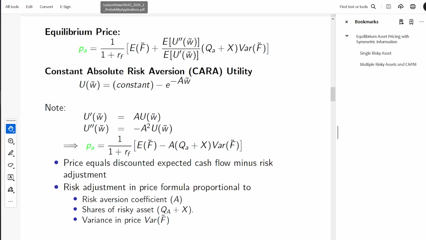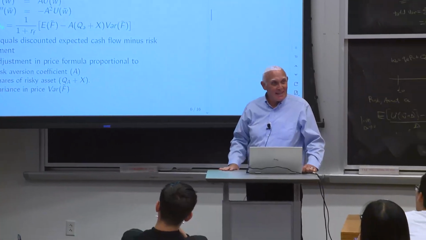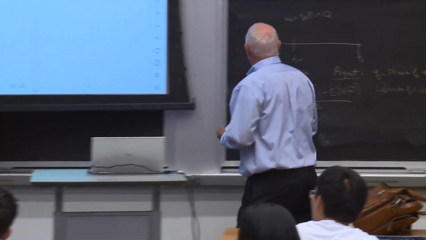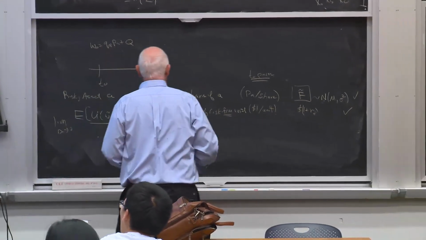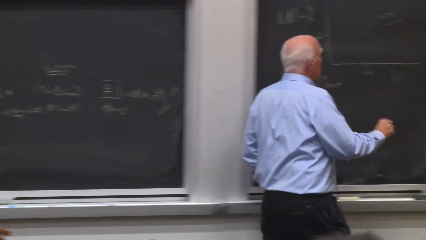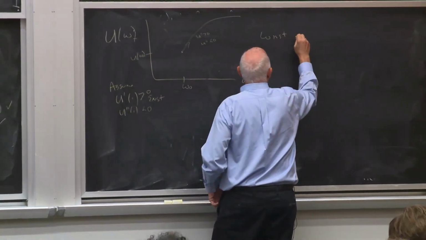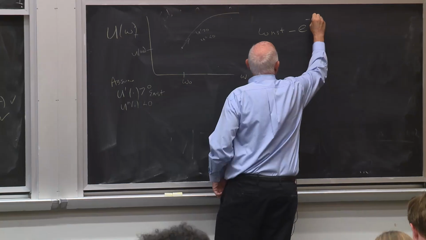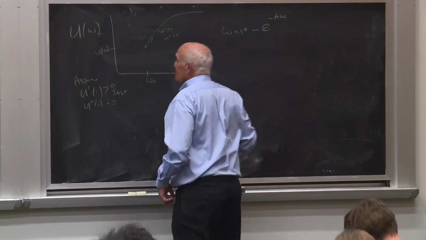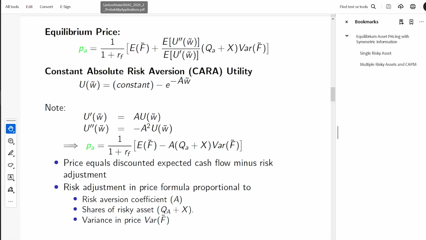Now, in economics classes, maybe some of you have come across the constant absolute risk aversion utility function. Has anybody come across that in an economics class? Maybe, maybe not. But that function, which is a constant minus e to the minus a w, is the constant absolute risk aversion utility function.